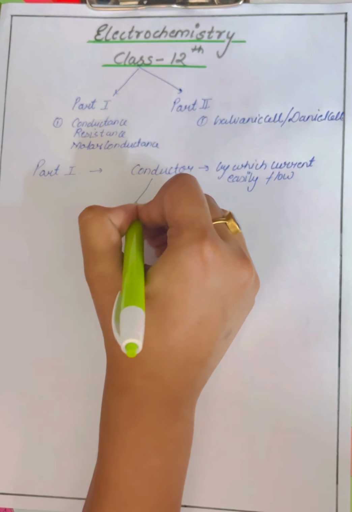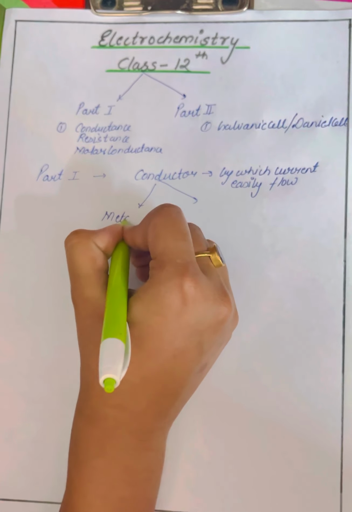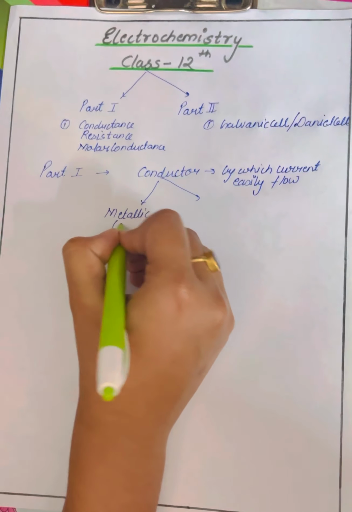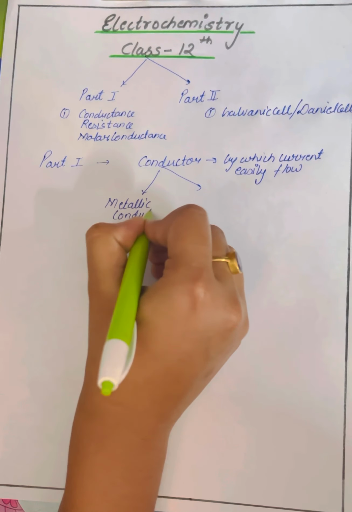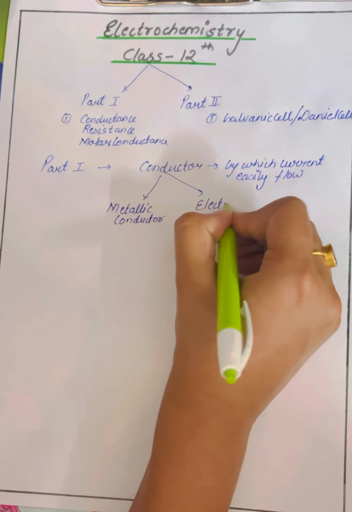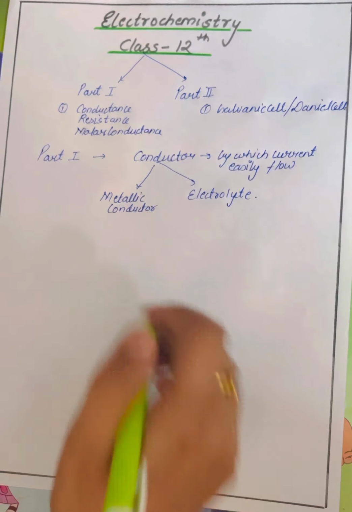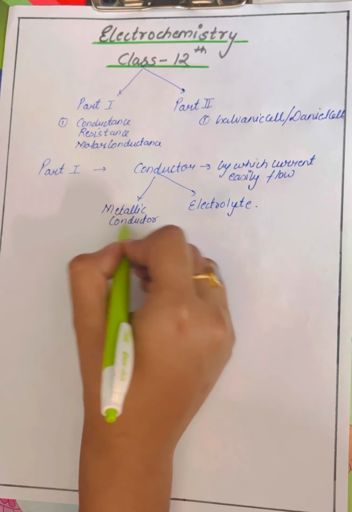And the conductors are of two types. One is metallic conductor, and another one is electrolyte. This electrolyte becomes new for class 12 students, as metallic conductors are studied in lower classes.